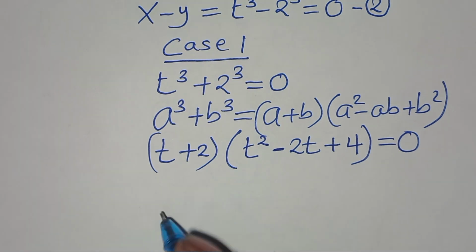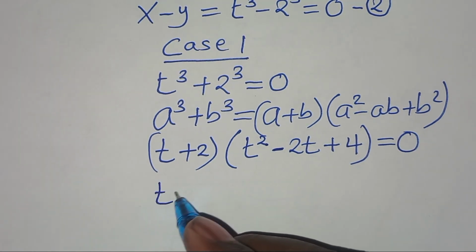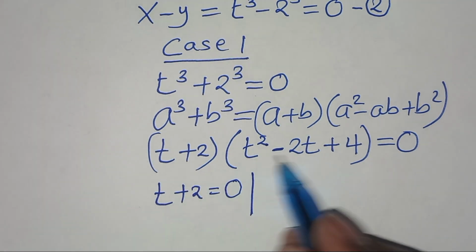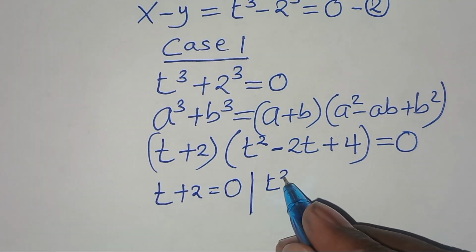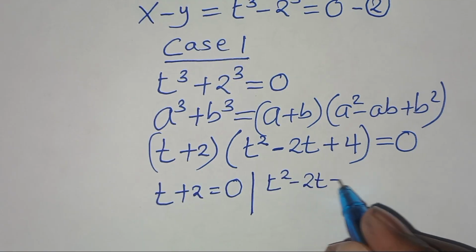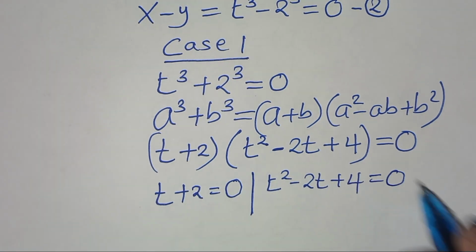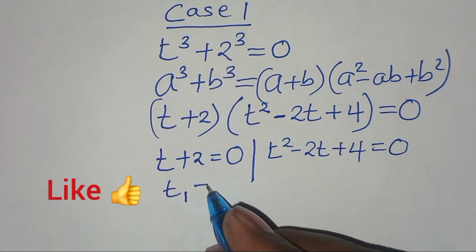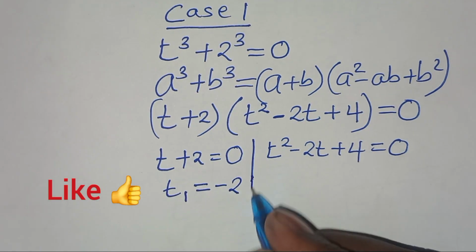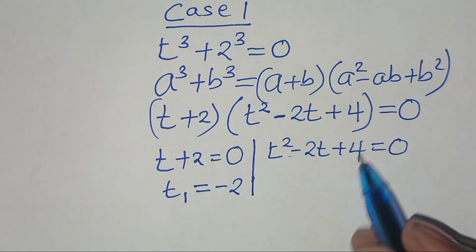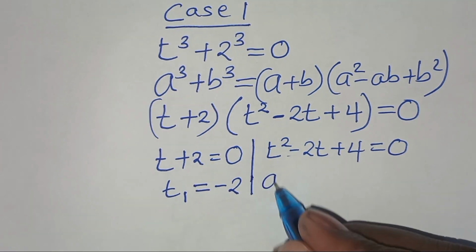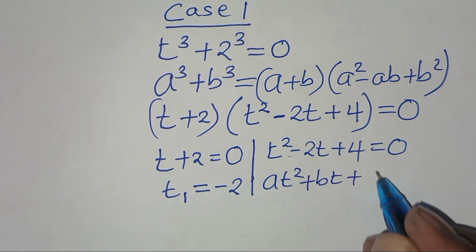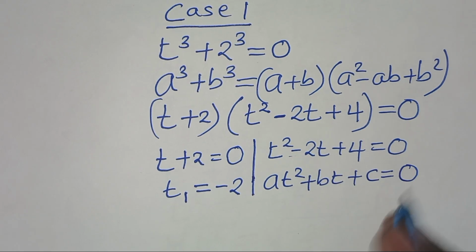Now this translates that we have two parts here. The first part is t plus 2, which is equal to 0. The second part here is t squared minus 2t plus 4. This is equal to 0. So this implies that the first value of t, that t1, is equal to minus 2. The second part here is a quadratic equation of the form at squared plus bt plus c, which is equal to 0.